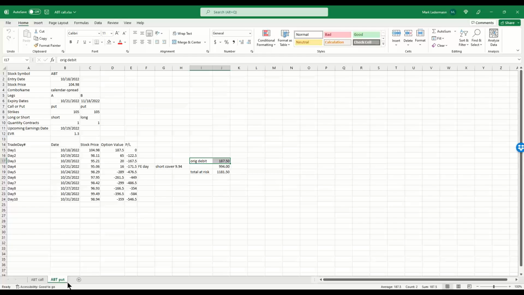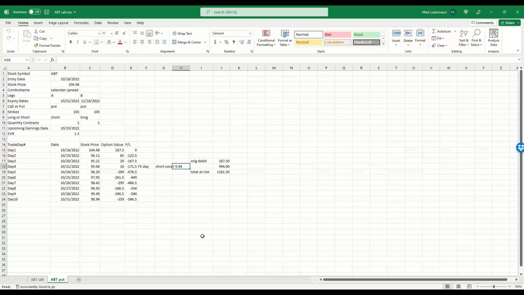But if you do the put calendar, then you're going to have to come on front expiration day, 10/21. You sold the 105 put, and now the stock is trading at $95. So these options are $10 in the money, specifically exactly $9.94 in the money.